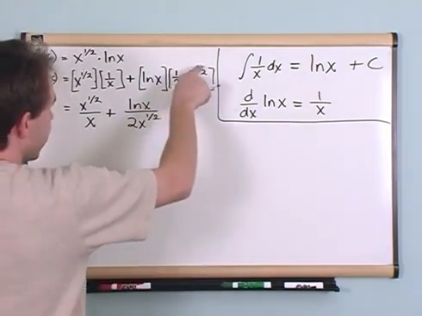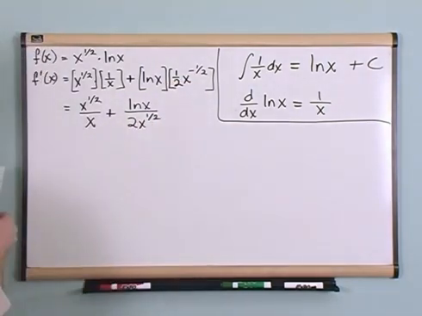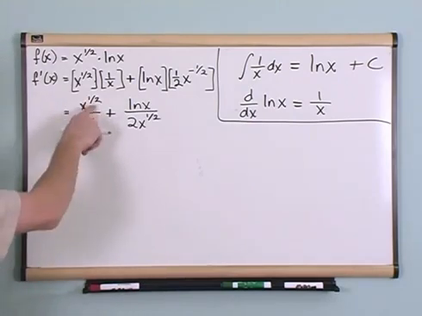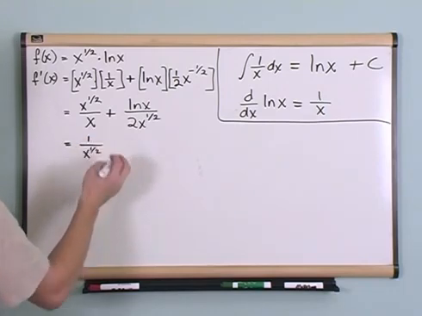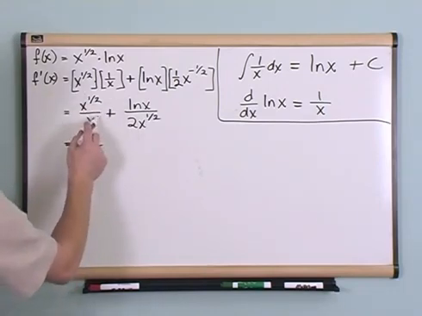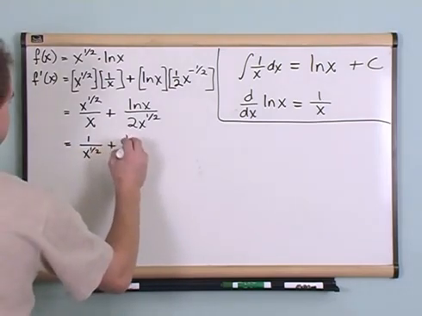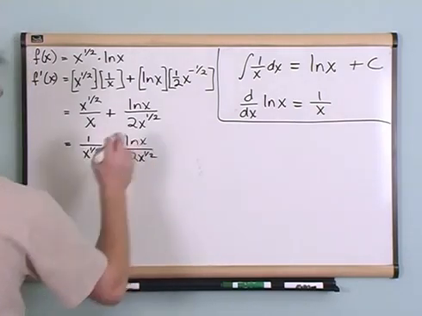And this x to the negative 1/2 just goes down to the bottom, downstairs, and you make it a positive term there. So if you simplify this guy right here, you're going to have 1 over x to the 1/2, because basically I can take out a 1/2 from there and I'll have a 1/2 left over in the bottom. And then over here you have the natural log of x over 2 times x to the 1/2.